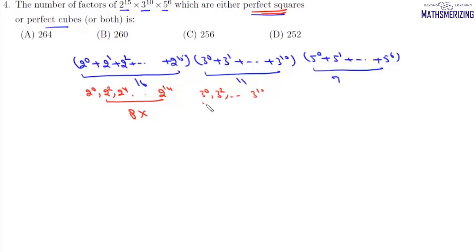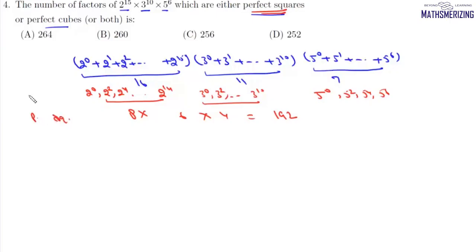So we have 6 such values, and then for 5 it will be 5 to the power 0, 5 square, 5 to the power 4 and 5 to the power 6, that is 4 values. So it will be 8 into 6 into 4, that is 192 numbers. So there will be 192 numbers which are perfect squares.